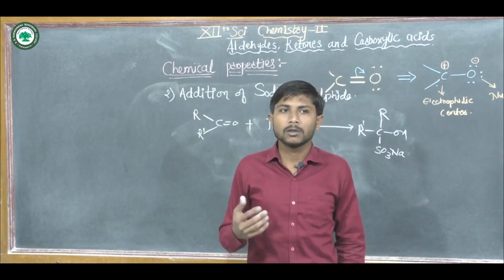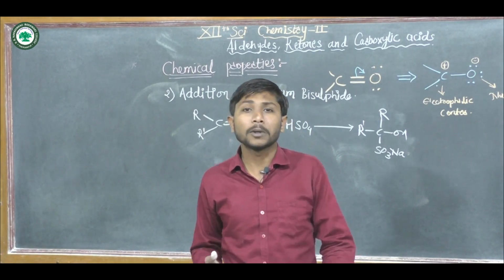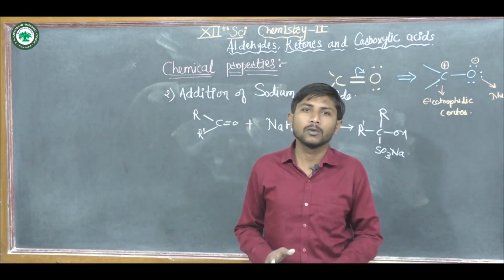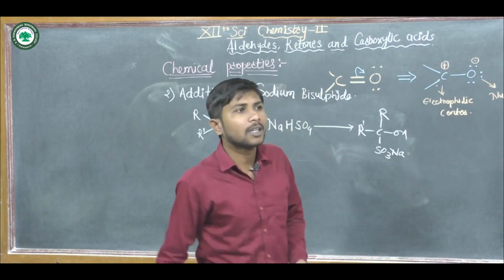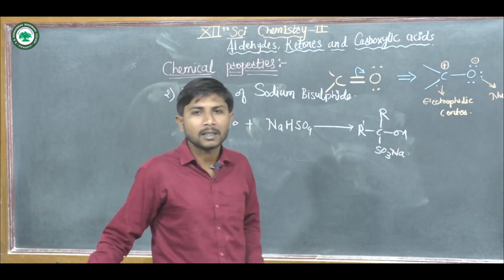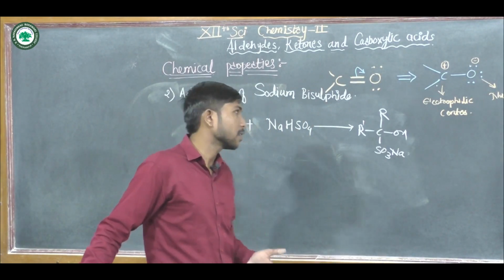In glucose, you have studied that glucose shows two types of ring structure, alpha D glucose and beta D glucose. These ring structures show the hemiacetal structure. What are these hemiacetal structures?